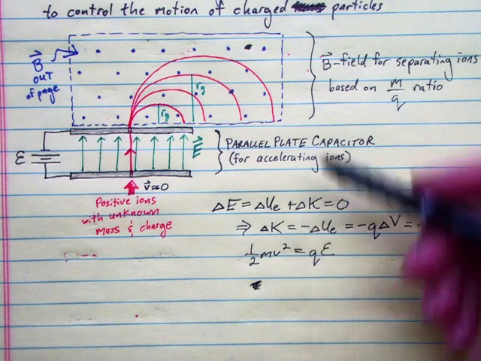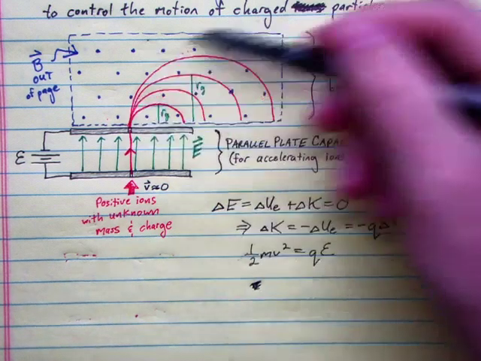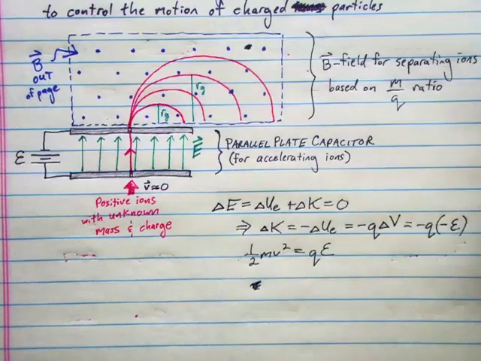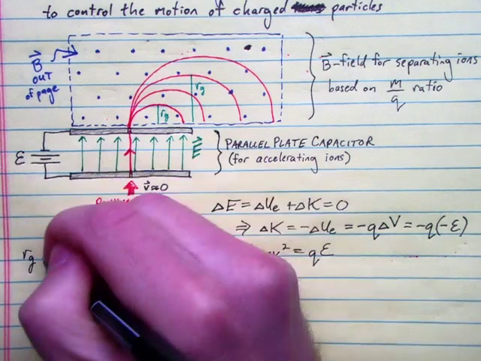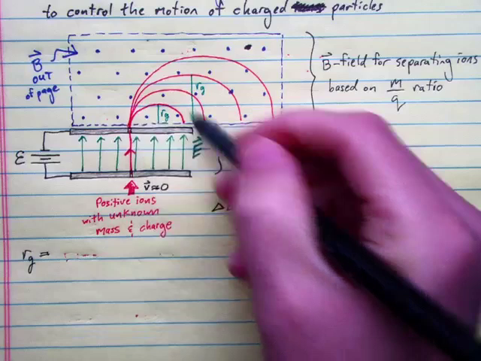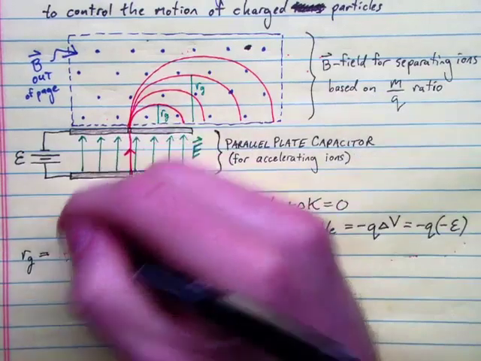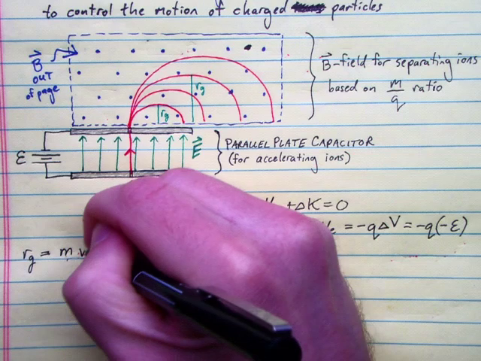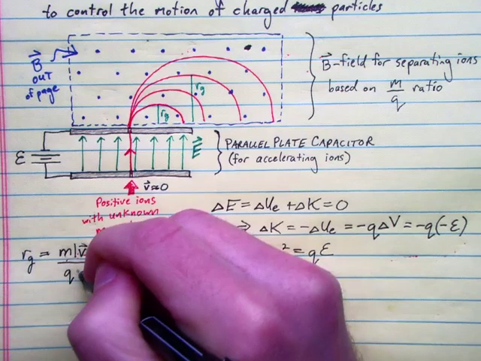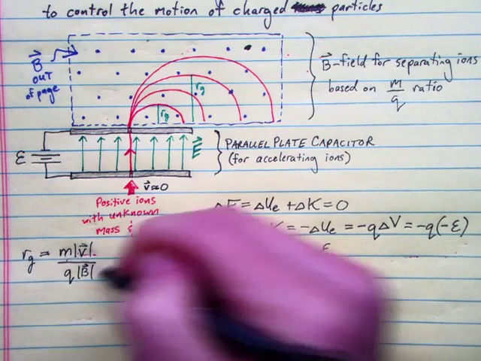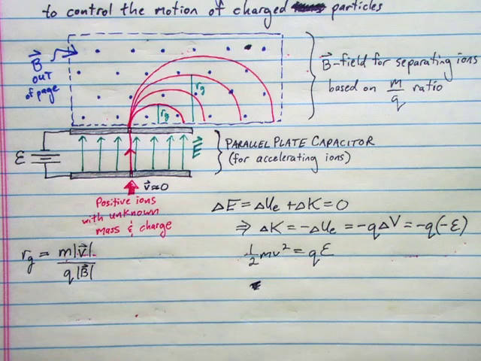And note also, once you enter the magnetic field region, this gyro radius, we've computed an expression for that previously. The gyro radius for some particle undergoing uniform circular motion inside the magnetic field depends on the momentum of that particle, mv, divided by its charge and the B field strength. We've derived that before.